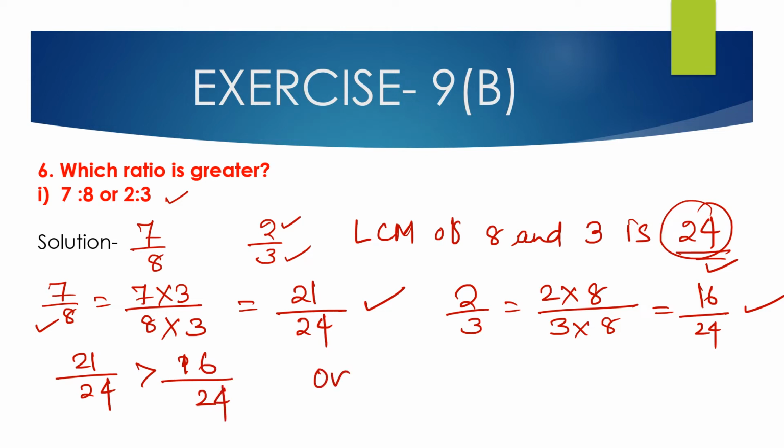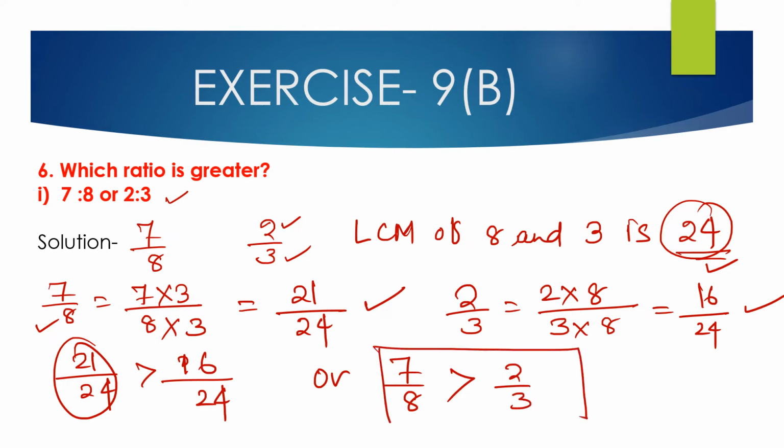That is, 21 divided by 24, the equivalent ratio of 7 divided by 8, is greater than 16 divided by 24, the equivalent ratio of 2 divided by 3. Now 7 divided by 8 is greater than 2 divided by 3. So 7 divided by 8, that is 7 is to 8, is the greater ratio.